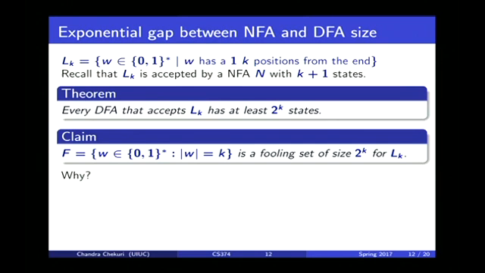If I give you 2 strings, 01010 and 01101, I claim these 2 are distinguishable by this language, where k equals 5 for simplicity. Why are they distinguishable? I should put some W here such that only one of them is in the language and the other is not. Can I do that? What W should I put so that one of them is in the language and the other is not?